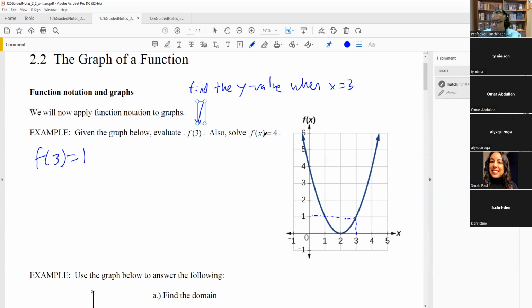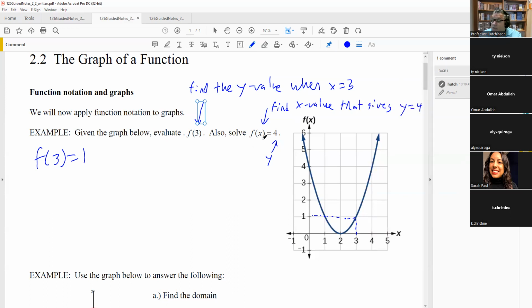Now this other one, this here is a y value. So this problem is actually the reverse of the one that we just did. We want to find an x value that gives a y value of 4.